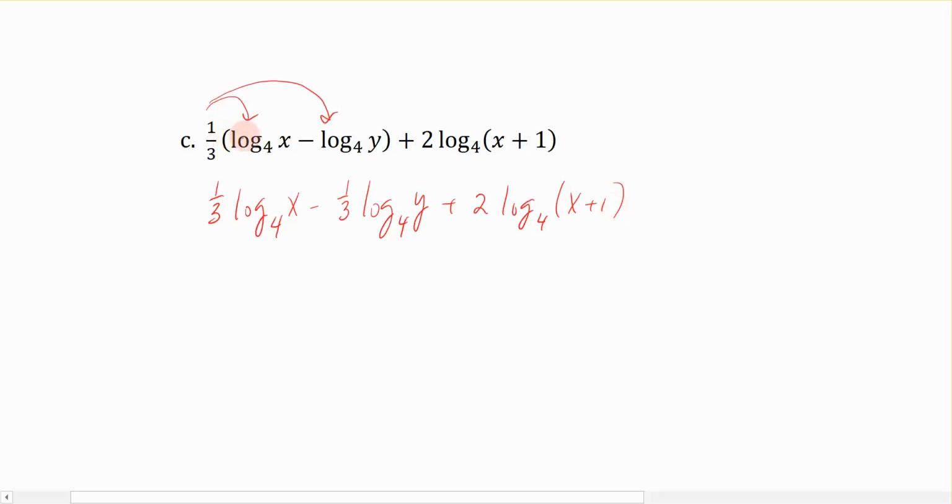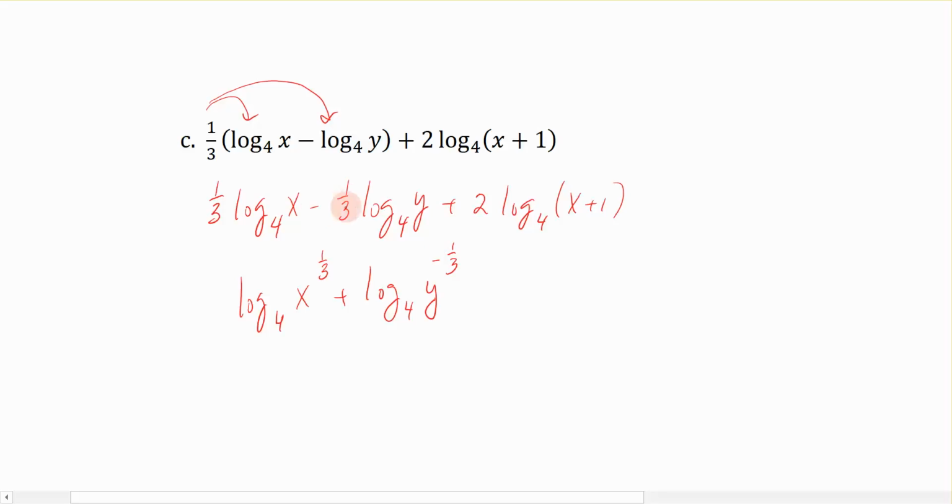Now that I have distributed the 1/3, we're going to apply the power rule. So these coefficients that are in front of each of these log expressions are now going to move up here into the exponent position, right? The power part. So this is going to be log base 4 of x to the 1/3 plus log base 4 of y to the negative 1/3.